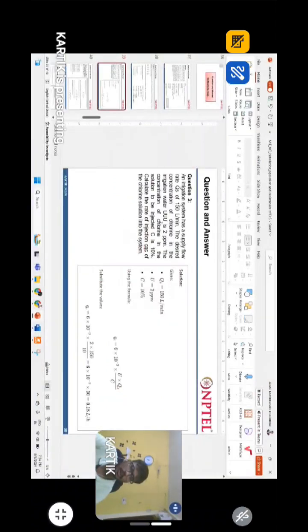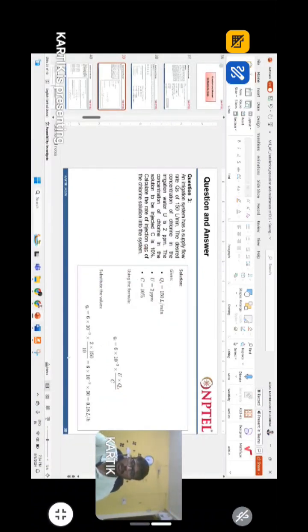Next question, question number 3. An irrigation system has a supply flow rate QS of 150 liter per minute. The desired concentration of chlorine in the irrigation water U is given as 2 ppm. Right, this is U. Sorry for the mistake.